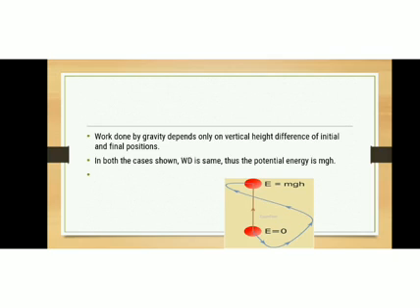So initial and final positions are same. So work done by the gravity also will be same. Okay, so in both the cases shown, work done is same. Thus the potential energy is also same, that is mgh. So the potential energy does not depend upon the path.